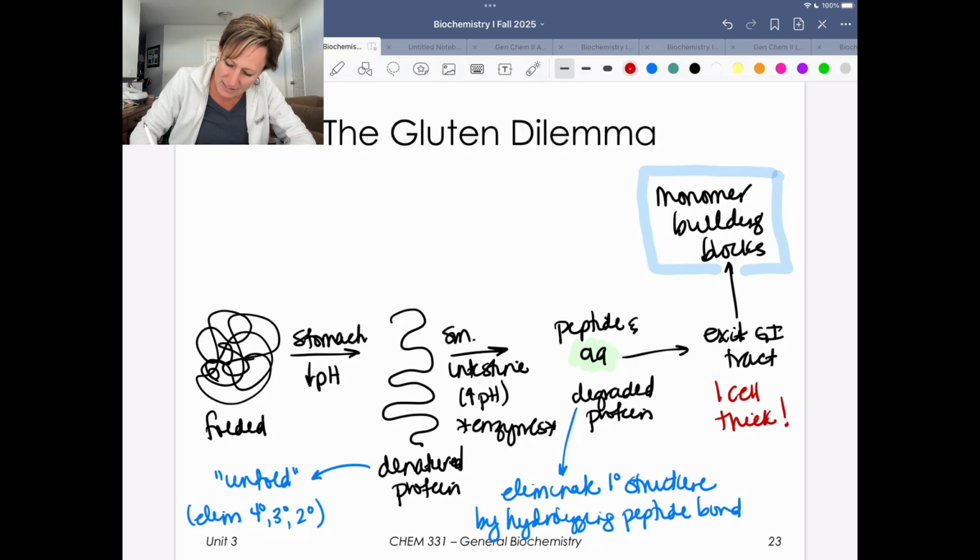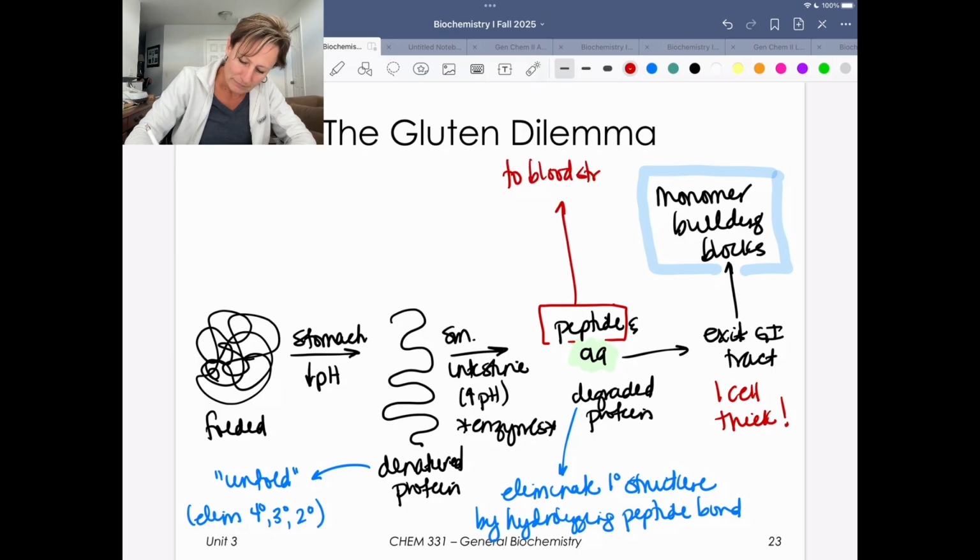So here is the dilemma: if only monomers are supposed to exit the GI tract, and a peptide could get out into the bloodstream, this can be problematic.